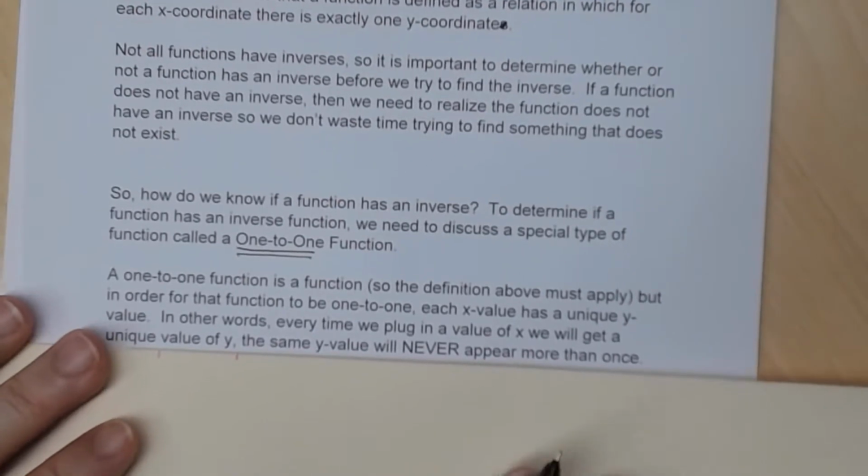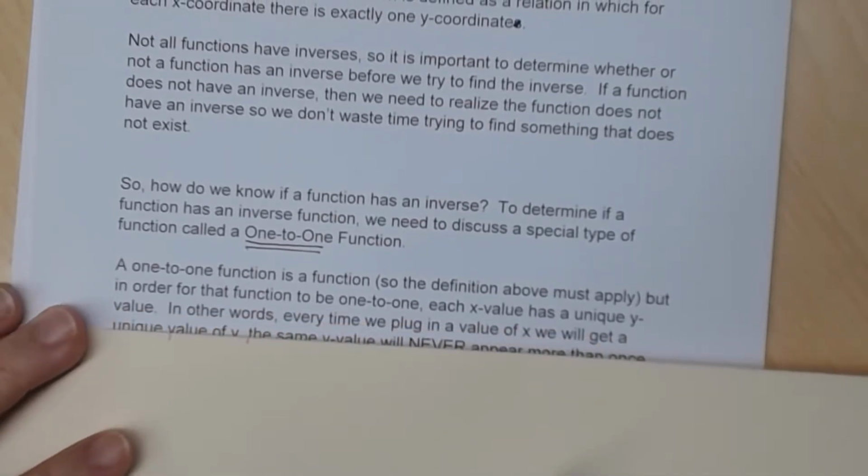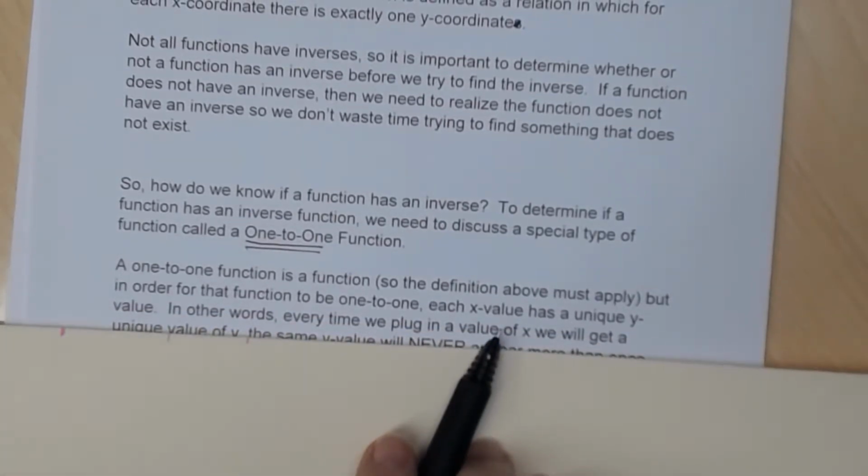But in order for that function to be one-to-one, each x value has a unique y value. Notice I'm using the word unique. There's only one y value that's going to apply to it, and that y value cannot be used again.